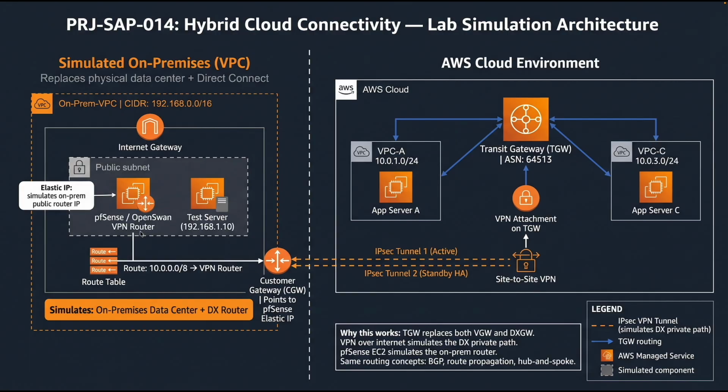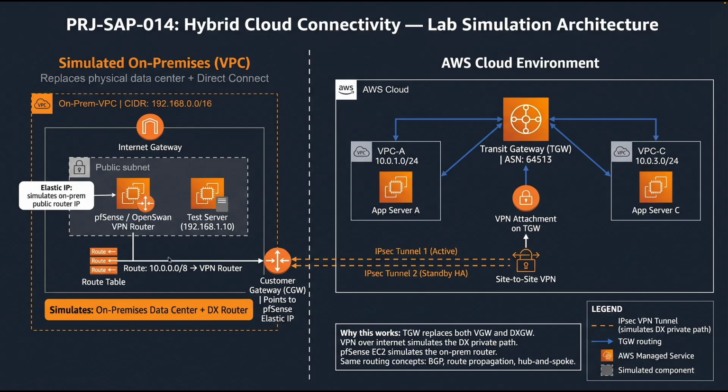And then next we're going to deploy a test server in the same subnet. The route table is configured so that all traffic going from this VPC, specifically to 10.0.0.0/8, which represents all VPCs in AWS, is going to go through the VPN router here.